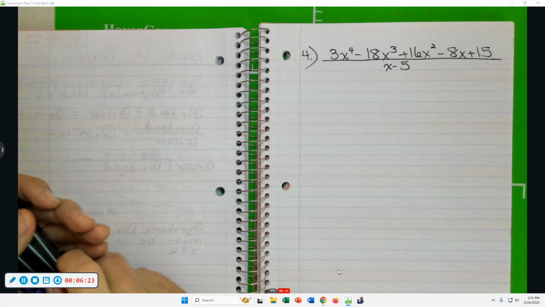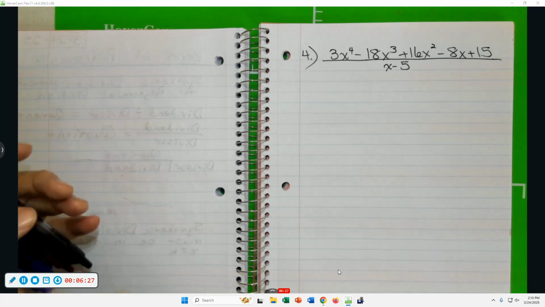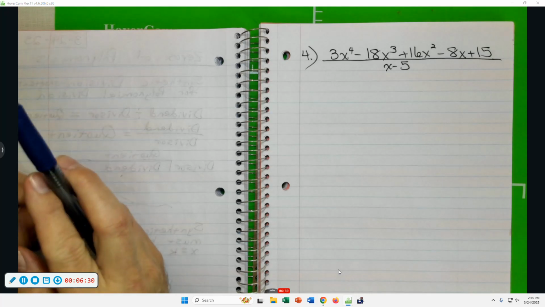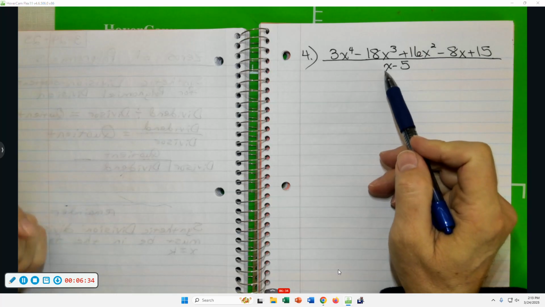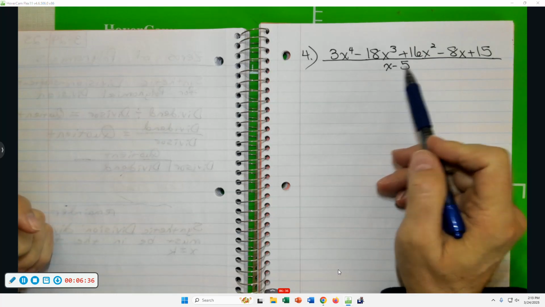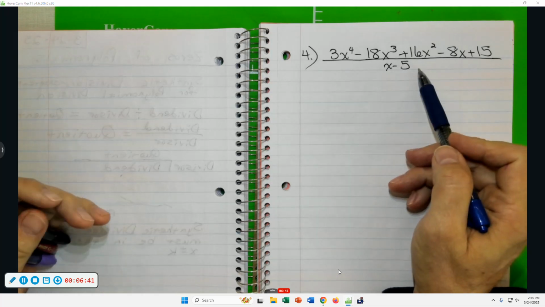To set up the tableau for synthetic division, the first thing you do is determine the k-value. First look at the divisor, variable plus or minus a number. Because it's in the appropriate form, we can use synthetic division.